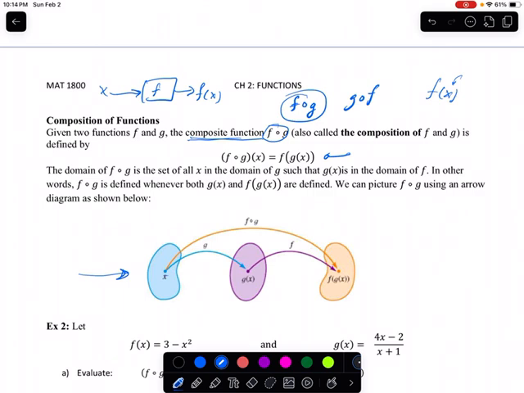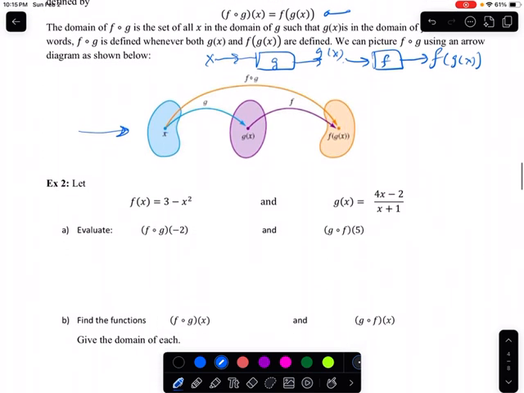Because we are starting with the g function, x goes into g. X is the input, it goes into the g function, and it spits out g of x. Now g of x goes to another function, so g of x is in the domain of the f function, and now it will spit out f of g of x. So this is how the process goes.